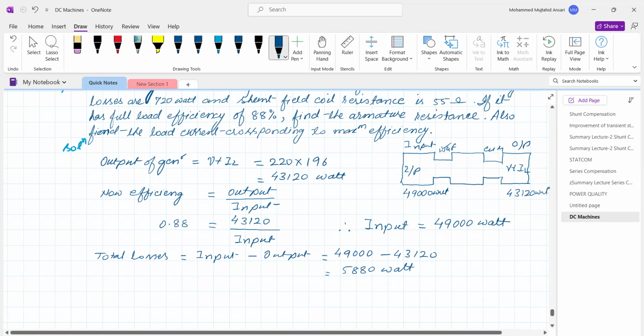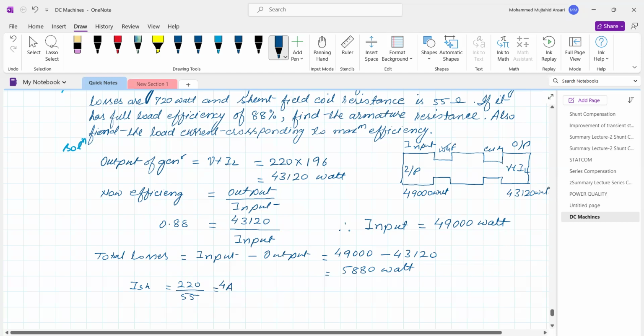Now, as the terminal voltage is given, we can calculate the other parameters like the shunt field current ISH. It is equal to the terminal voltage 220 divided by the shunt field resistance 55, so it is equal to 4 ampere.